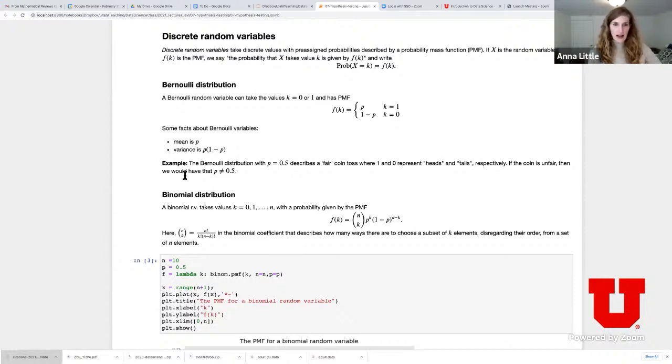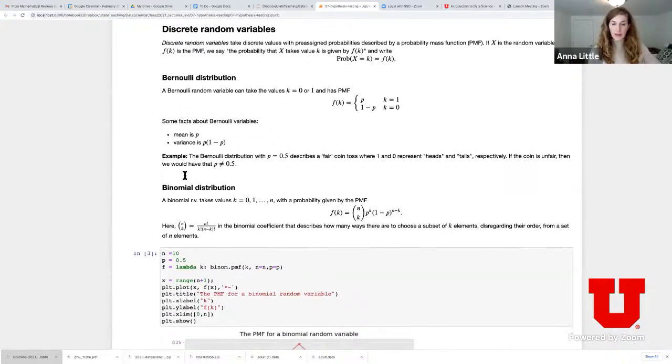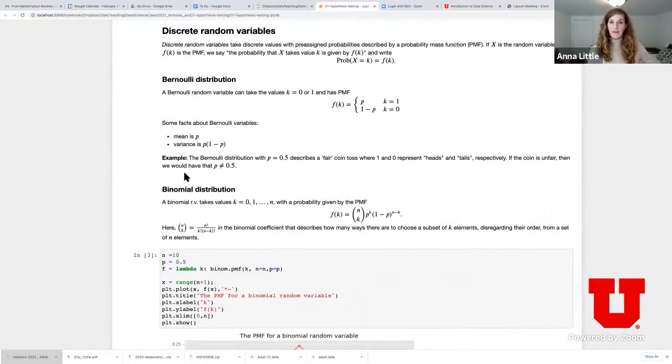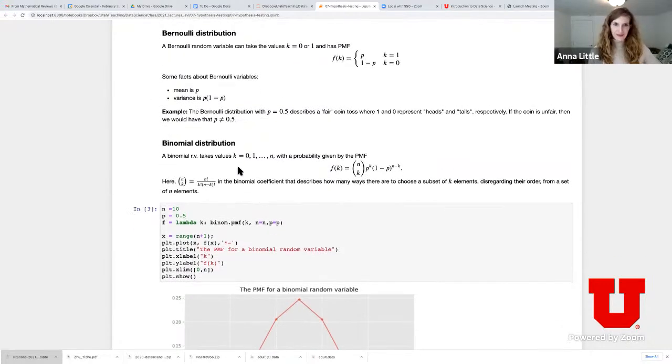Okay, so the Bernoulli distribution with a p of 0.5 would describe a fair coin toss, right? You have a 50% chance of getting heads, 50% chance of getting tails. If the coin is unfair, then we would have p not equal to 0.5. It's more likely to get either heads or tails.